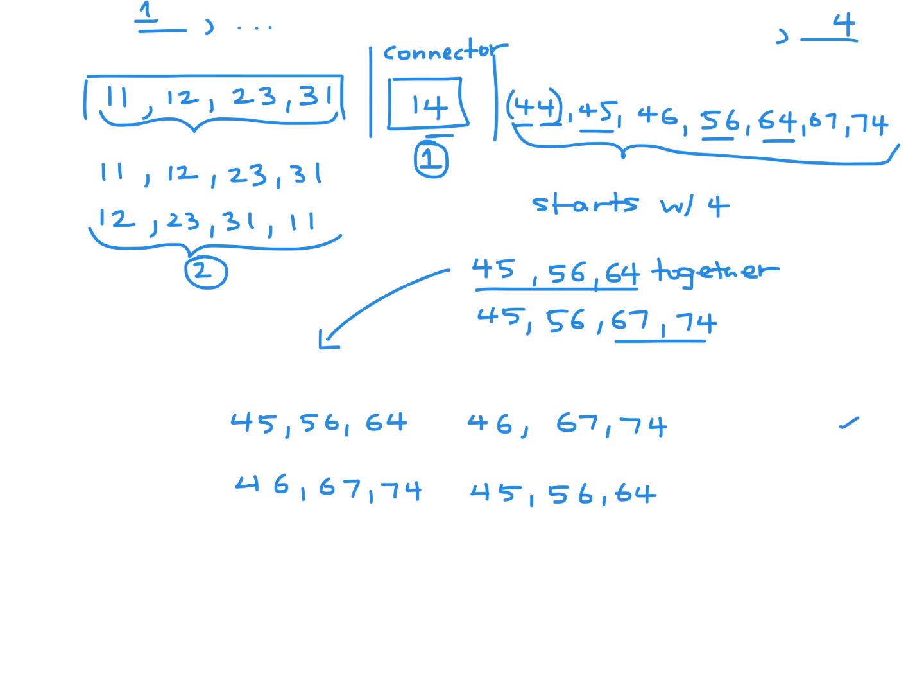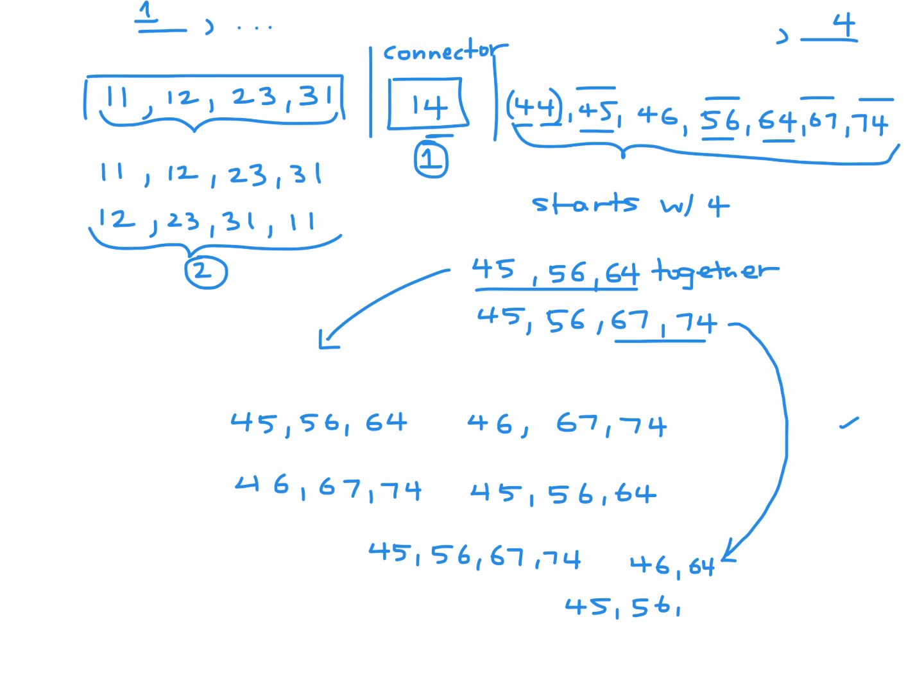And then for this group, we'll bring that group down here, and that's 45, 56, 67, 74. And so 46 and 64 are left. I think the same kind of thing, that we just flipped them, and then we put the 46 and 64 in the beginning.